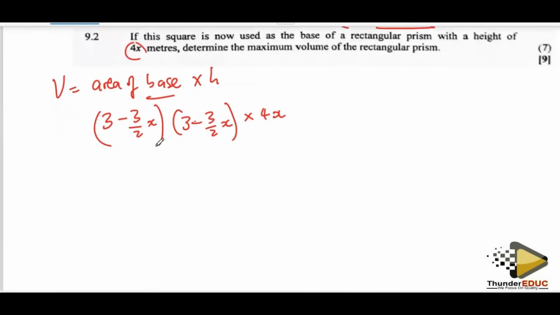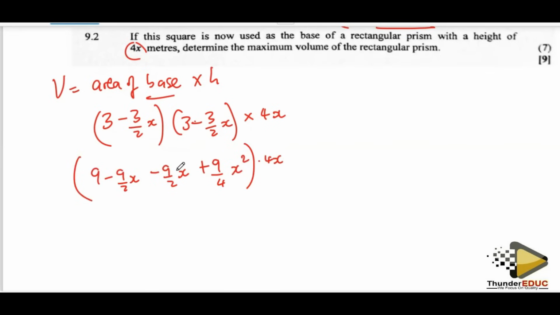Okay. I'll open this up using FOIL. That's going to be 9 minus 9 over 2x, and then minus 9 over 2x. That is going to be 9 over 4x squared. I'm multiplying this by 4x.